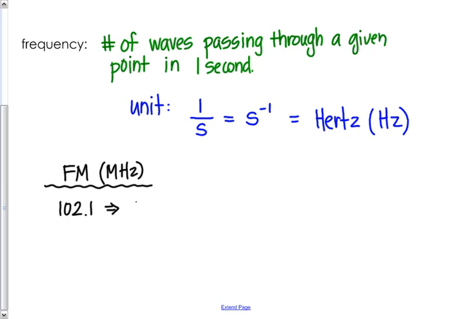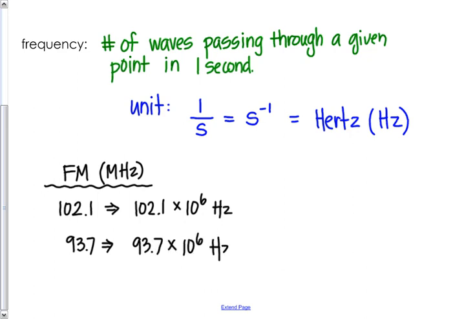What that really means is that 102.1 mega, or million, hertz, or waves per second. So K102 has 102.1 million waves per second versus, say, 93X, 93.7, which has 93.7 million waves per second. That's how your radio receiver knows which one you're dialing into.